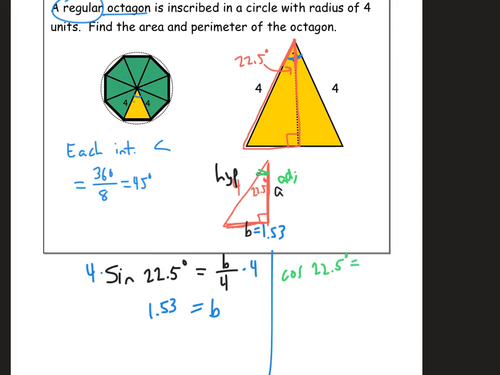So the cosine of the angle equals A over the hypotenuse 4. I multiply both sides by 4 to get A of about 3.695, which I'll round to 3.7.